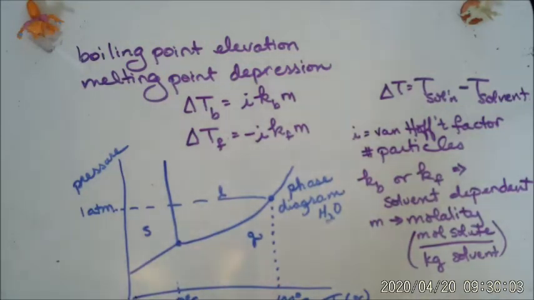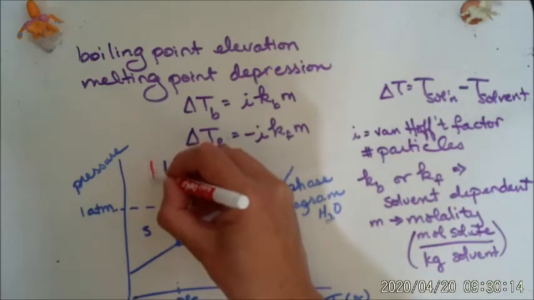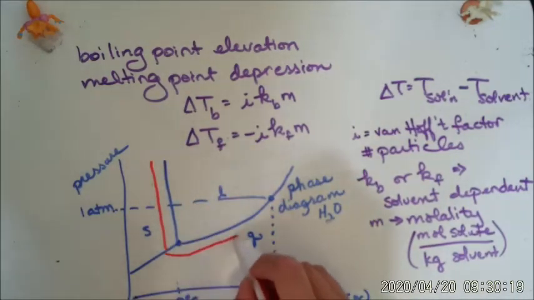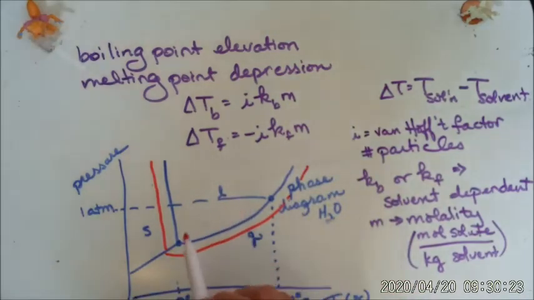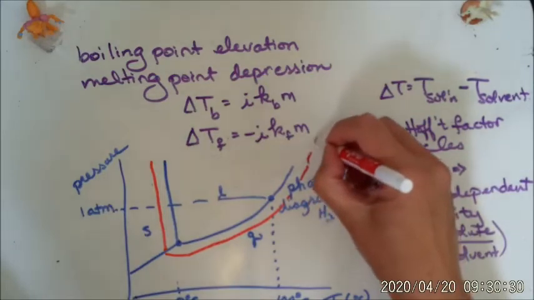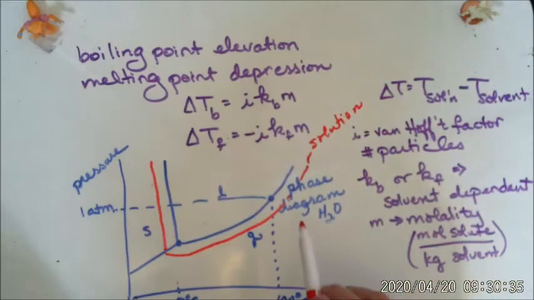If I make a solution with water as my solvent, what happens? Things get shifted down. So my solution looks the same, except it got shifted down. So here's my solution. What are the ramifications?